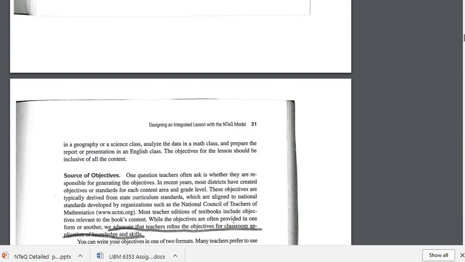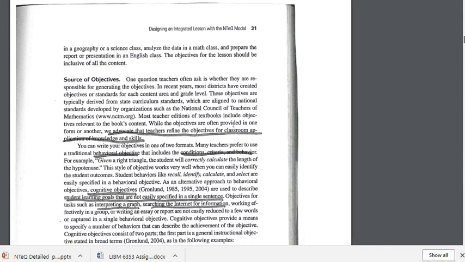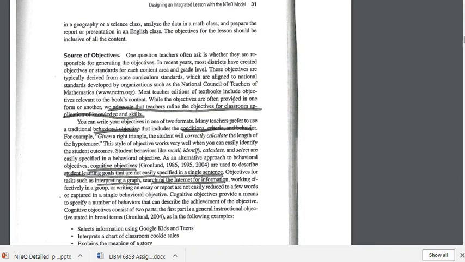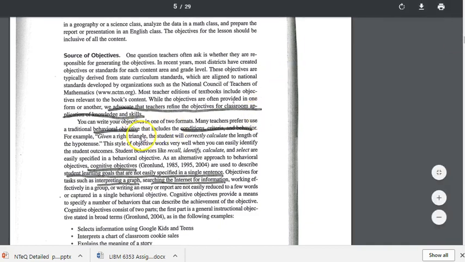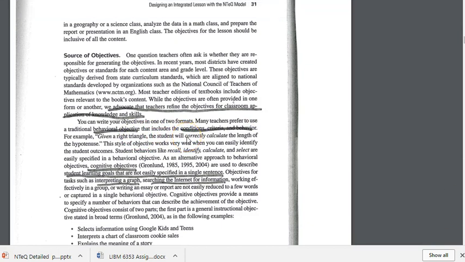You could do it that way. So when you get ready to create your objectives, most of us are familiar with behavioral objectives. Like, given a right triangle, the student will correctly calculate the length of the hypotenuse. That style works very well because you can identify the student outcomes, student behaviors like recall, identify, calculate, select.